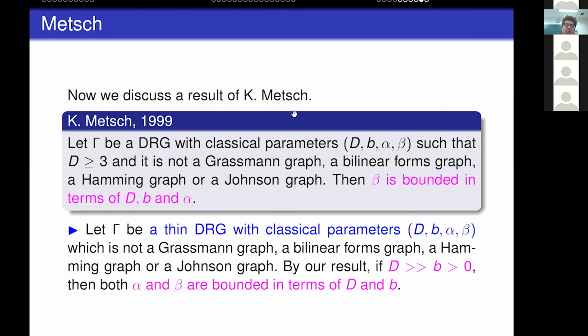Okay, but I only discussed distance regular graphs with classical parameters. You can do the same thing for Q-polynomial, but you have to be careful. Everything works the same as long as the eigenvalue that is first in the Q-polynomial ordering is a positive number.